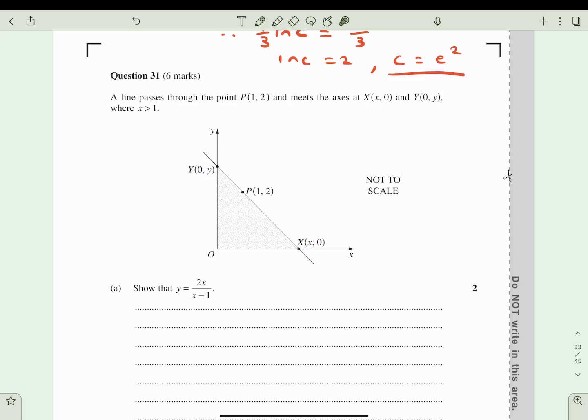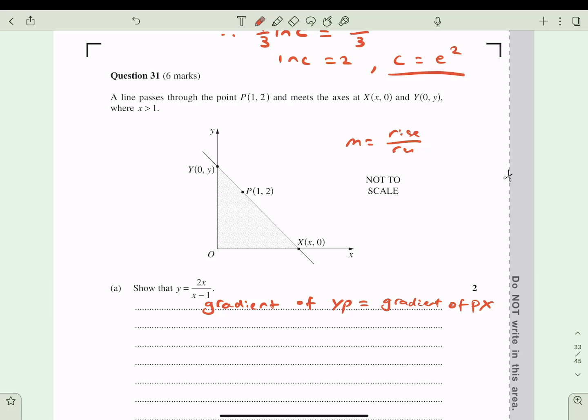Okay, so we need to figure out an expression for the gradient of both intervals here. So let's do that. Let's say the gradient of yp equals the gradient of px. Okay, so that's what we're going to write down first. So what's the gradient of yp? So gradient, remember, m is equal to rise over run.